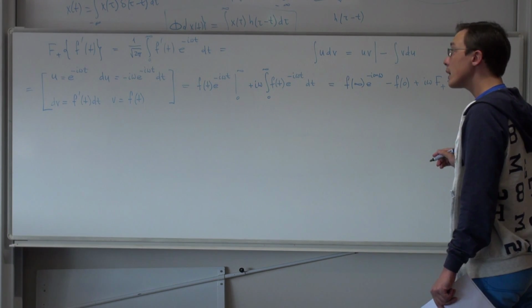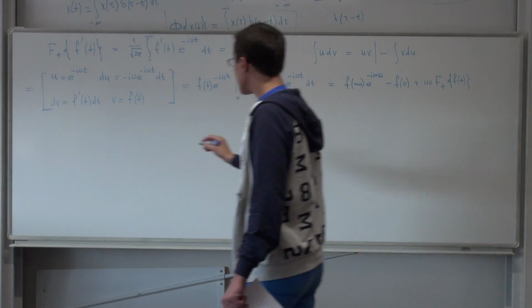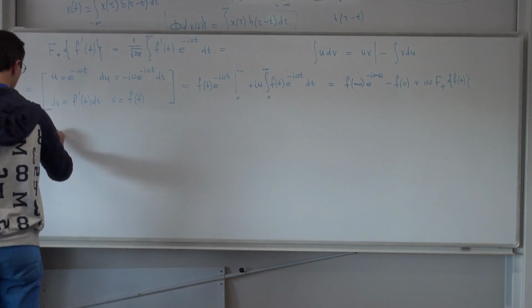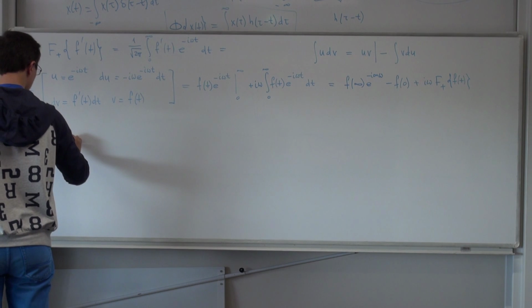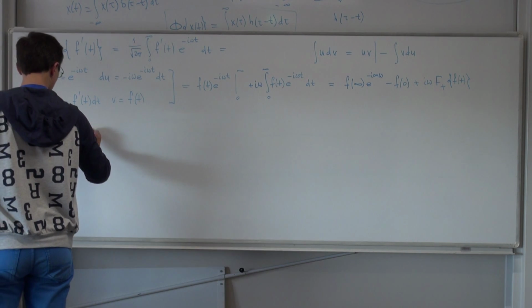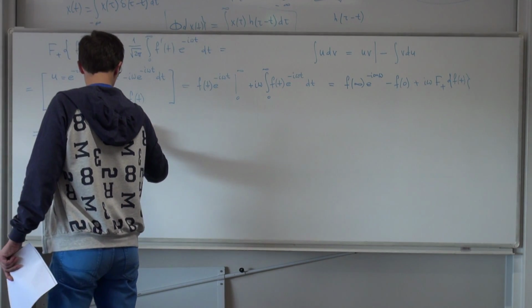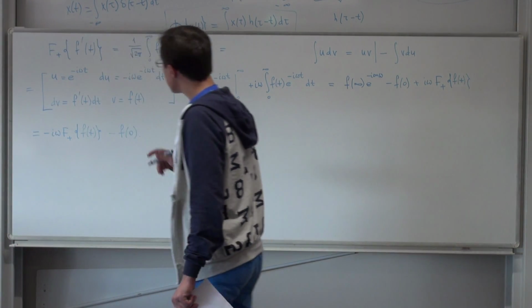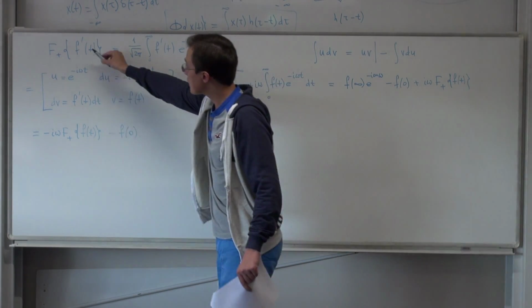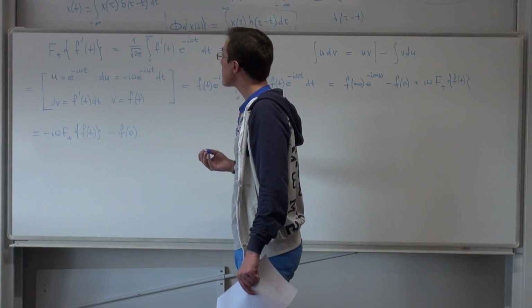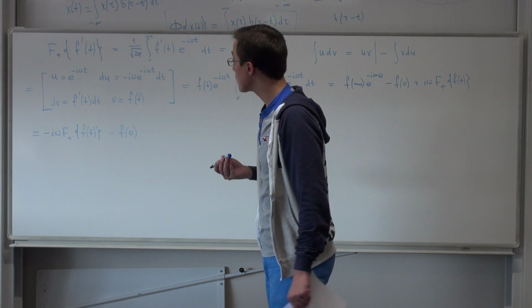So what we now have, therefore, is the following: minus i omega F of f of t minus f of 0. And you would notice that the first derivative would of course occur in the various ordinary differential equations.